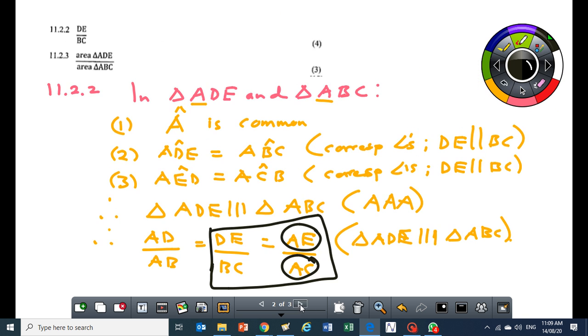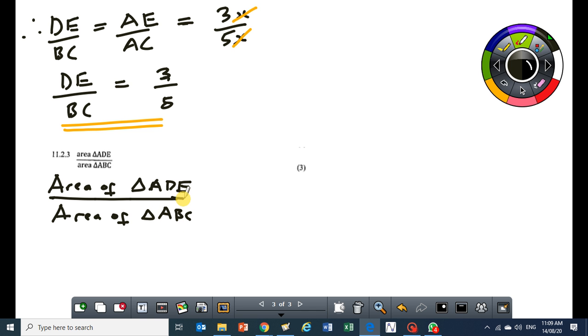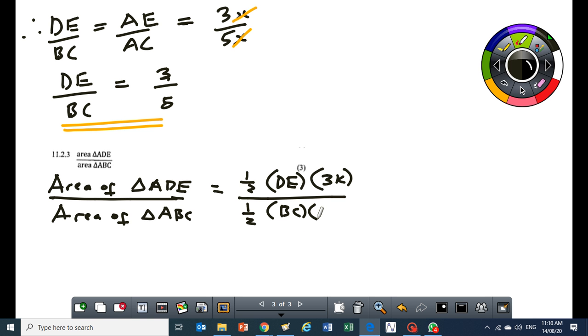So here I can say area of triangle ADE over area of triangle ABC will be equal to a half times the base for ADE, which is DE, times the height, which we know is now 3K, all over the area of ABC: the base is BC, and the height is 5K.